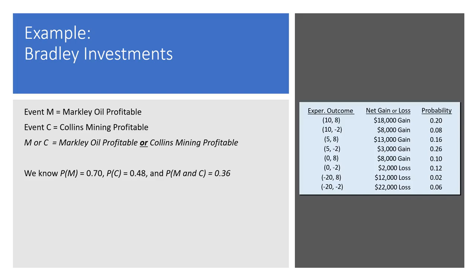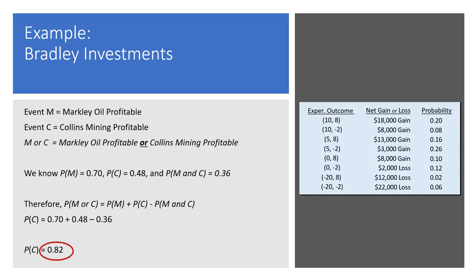We know that the probability that Collins Mining is profitable is 0.48. And we calculated a few slides ago that the joint probability of Markley Oil and Collins Mining being profitable is 0.36. So using the general rule of addition, we do 0.70 plus 0.48 minus 0.36 to get a value of 0.82 as the probability of one or the other being profitable.